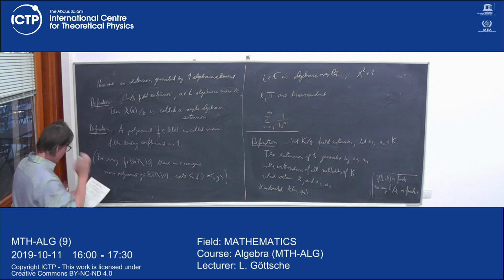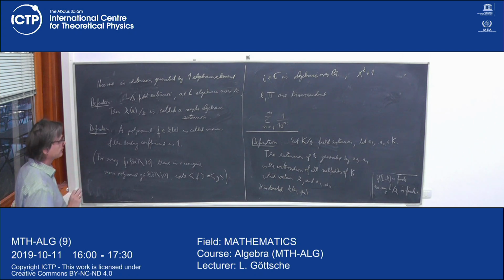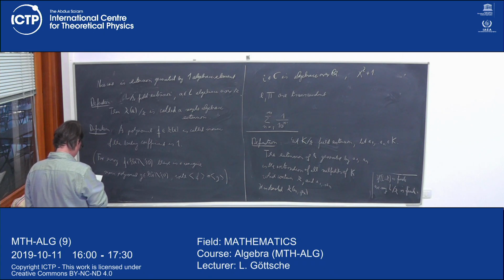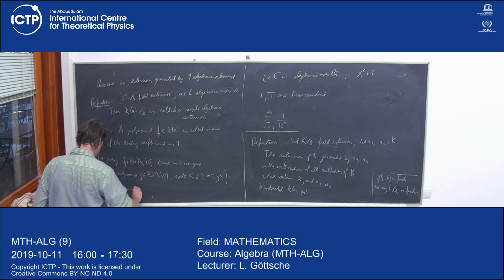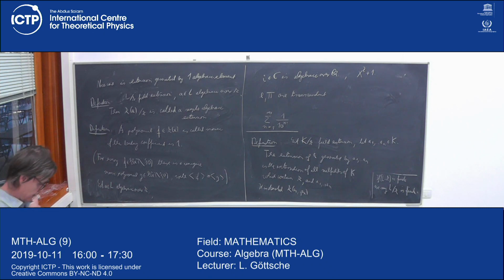Okay, and so I give two definitions for this so-called minimal polynomial that we use here; sometimes one uses one, sometimes the other. Assume we have this a in L algebraic over K, where L over K is a field extension.